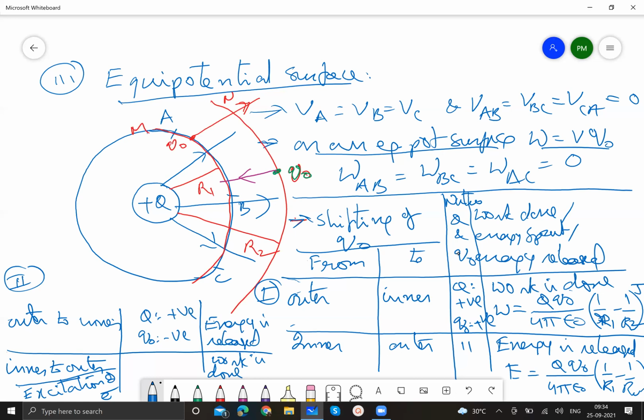I have defined excitation potential also: the amount of energy needed to shift an electron from the inner Gaussian surface to the outer Gaussian surface. You need to spend energy, you need to do work, because the electron has to be moved farther away from the nucleus against the Coulombian attractive force. So a very, very important concept. You must remember. Please note it.